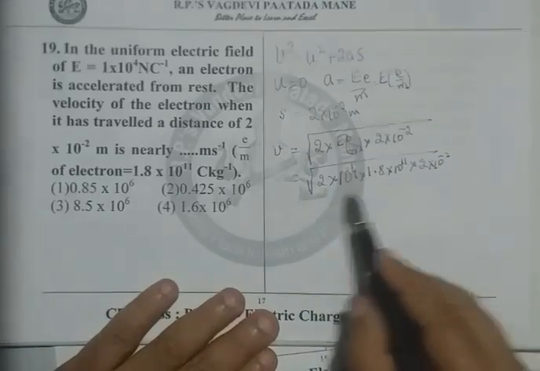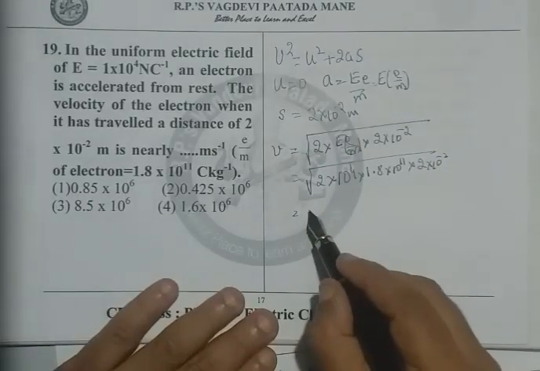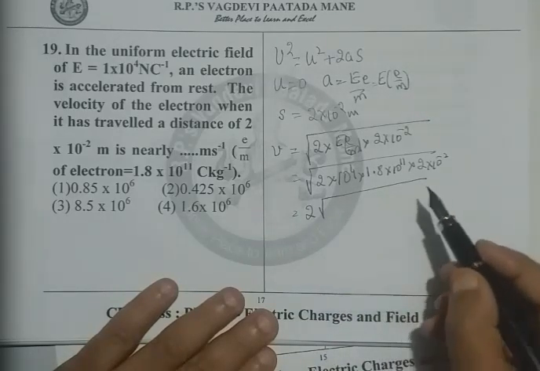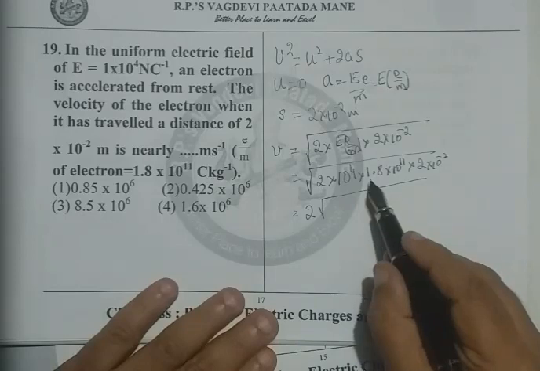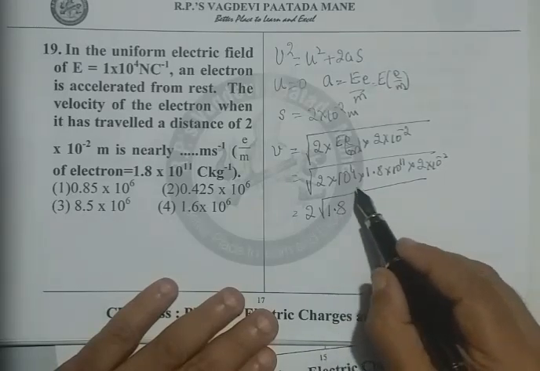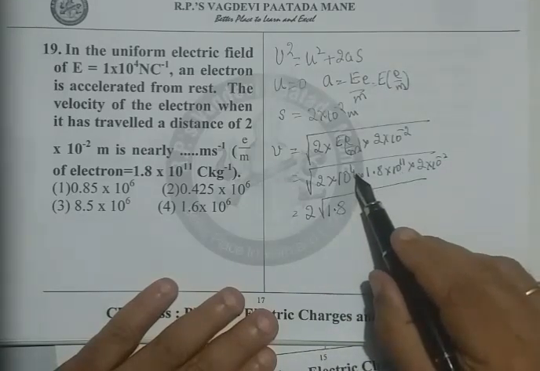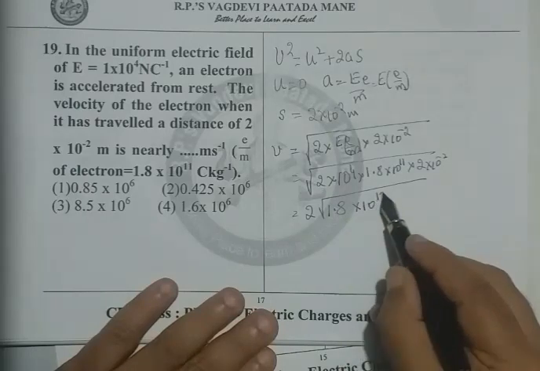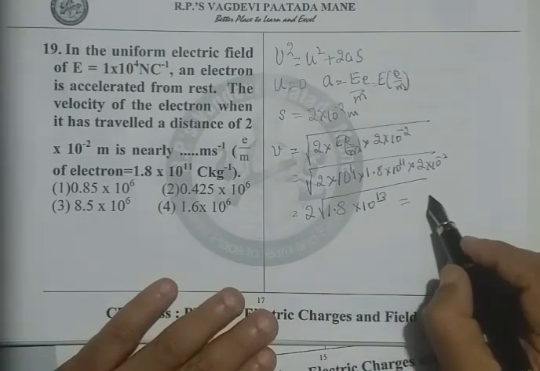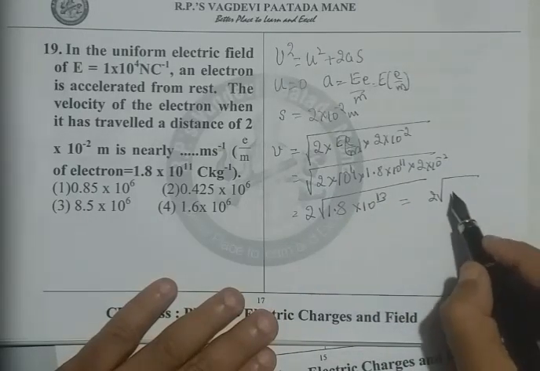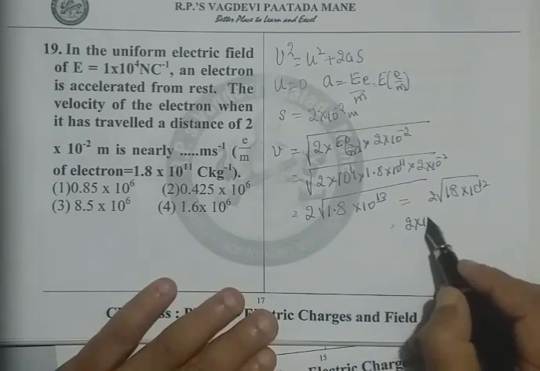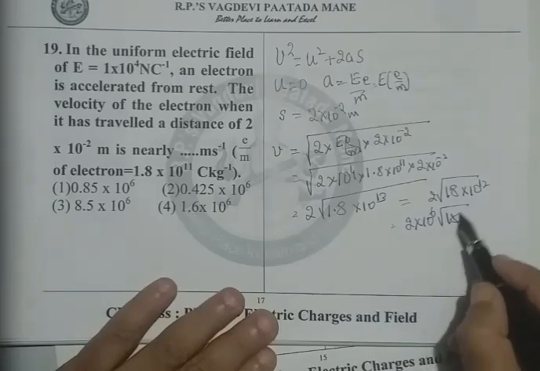Observe now, 2 into 2 will result in 2 square, 4, which is taken as 2 outside. Now we are left with 1.8 inside, and also the power: 11 plus 4 is 15, minus 2, 10 raised to 13. What I can write as 2 into root of 18 into 10 raised to 12. So which gives me 2 into 10 raised to 6 root of 18.